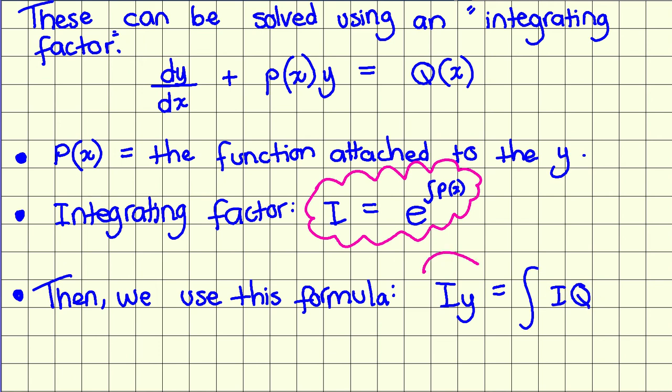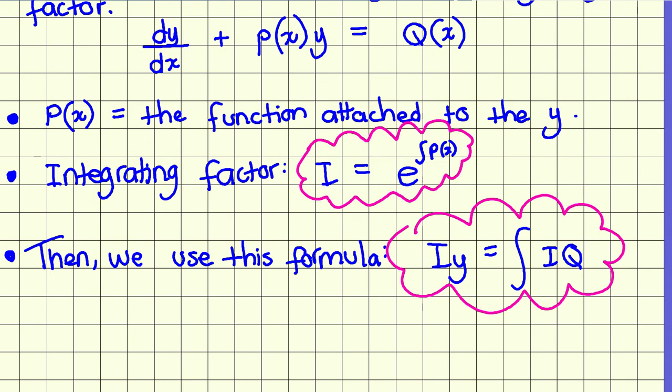Now I have not found any nice ways to remember this yet, but if any of you guys come up with a rhyme or something to help me remember this, then I would gladly take it on board. So I is just your integrating factor, and y is just y, equals integral of Iq. Okay, so Iq is quite easy to remember because your IQ is your intelligence quotient, IQ. So if you're able to know these two formulas, then that's how you solve these first order non-separable differential equations. Bit of a mouthful, isn't it?